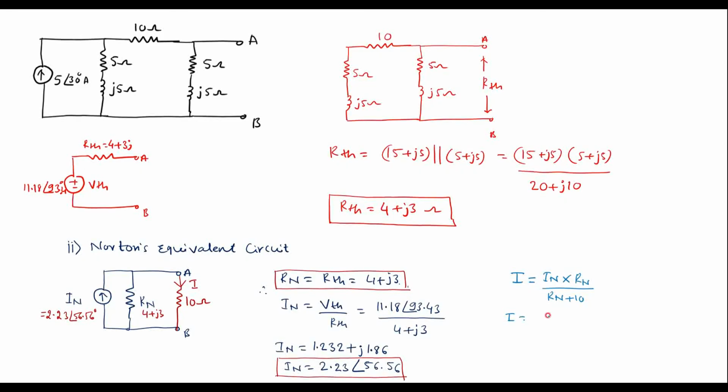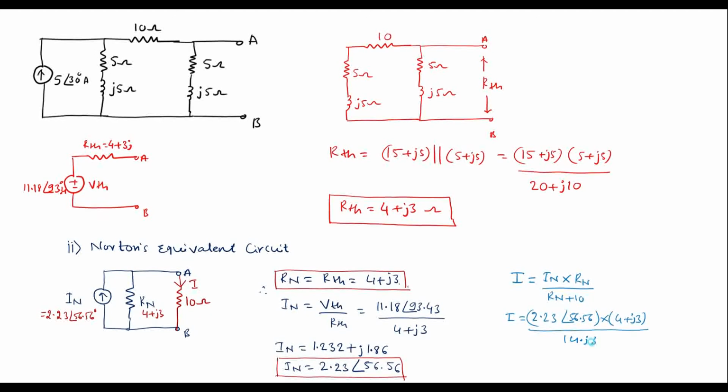Therefore, I can write I is equal to IN, which is 2.23 at an angle of 56.56, into RN, which is 4 plus J3, whole divided by RN plus 10, that is 10 plus 4, 14 plus J3.